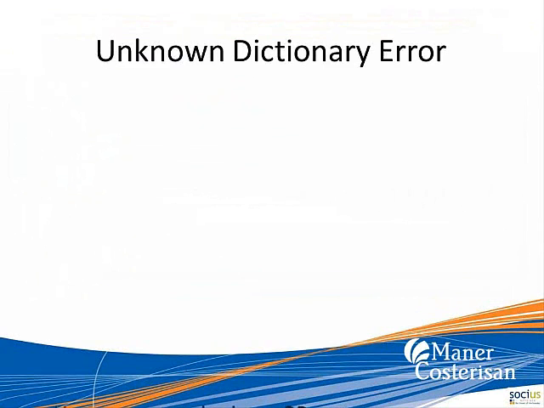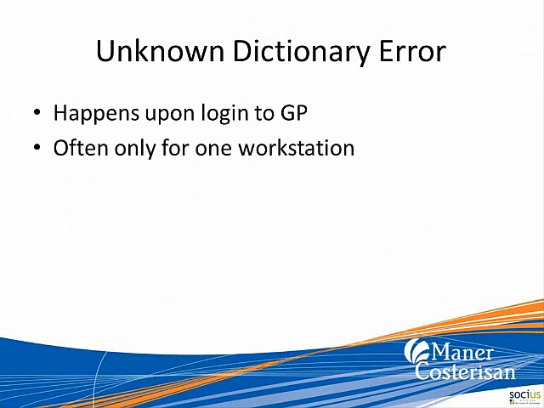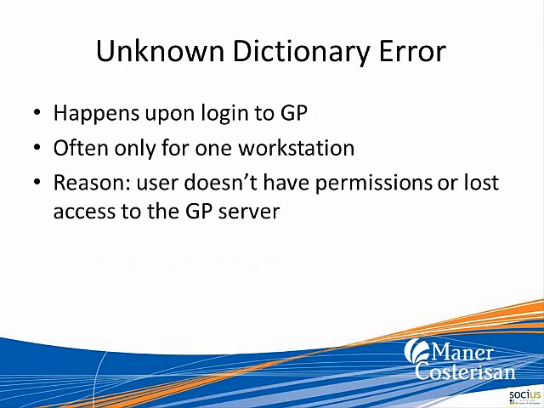Unknown dictionary error. This will happen upon login to GP. That'll be the first thing that comes up before the screen even comes up. It's usually, though not always, off for one workstation. And here's the reason. The user doesn't have permissions, but more importantly, they lost access to the GP server.